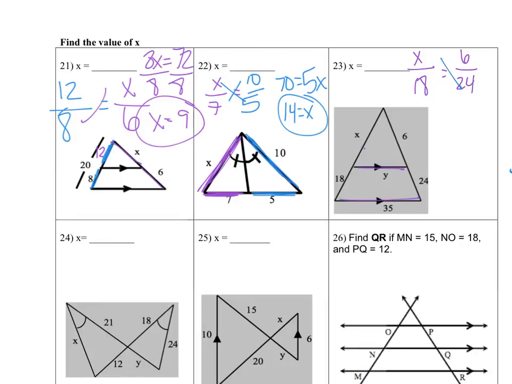Okay, cross multiply. 24 times x is 24x. 18 times 6 is 108. Divide by 24 on both sides, and you get 4.5.